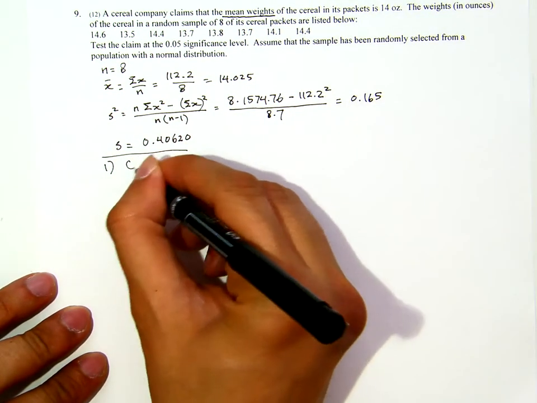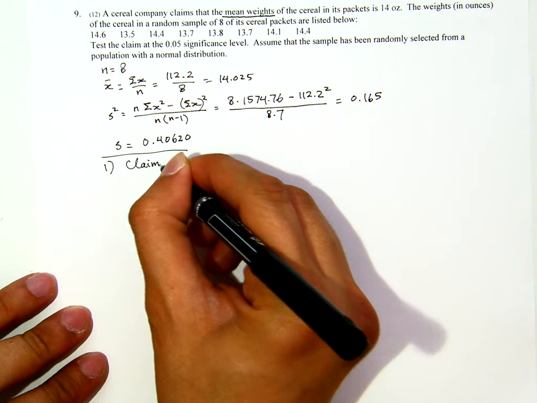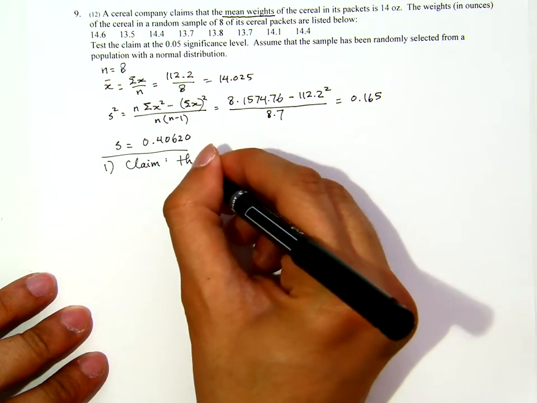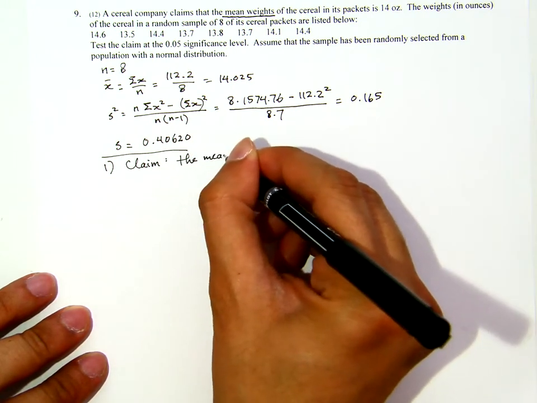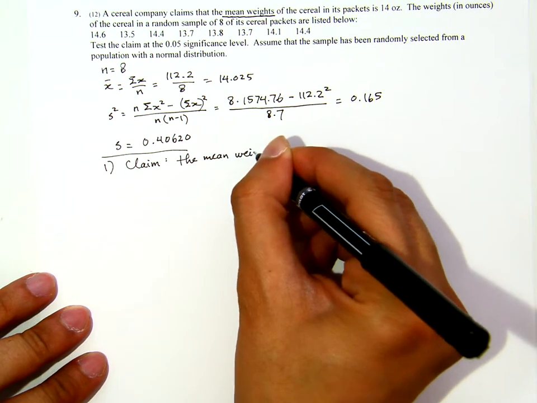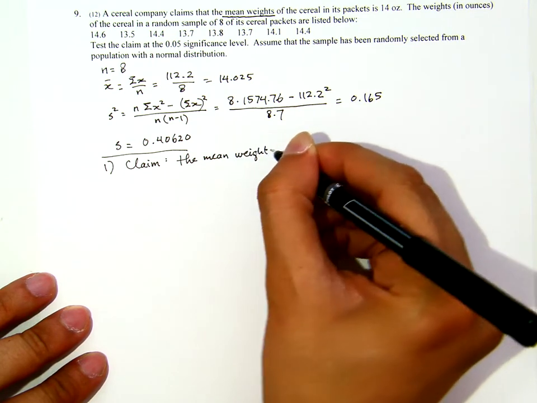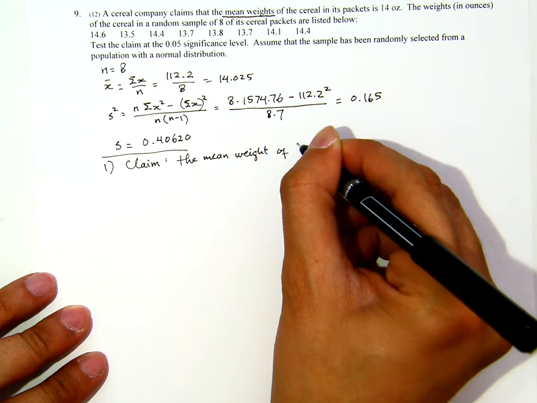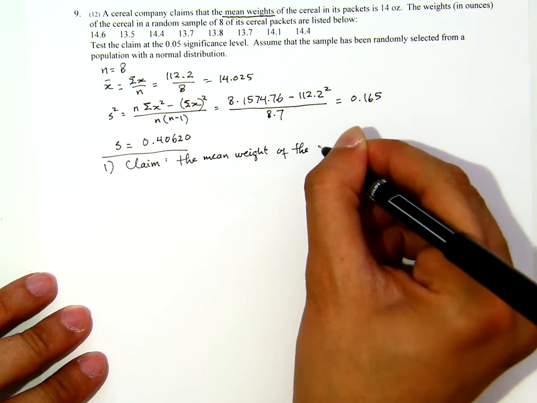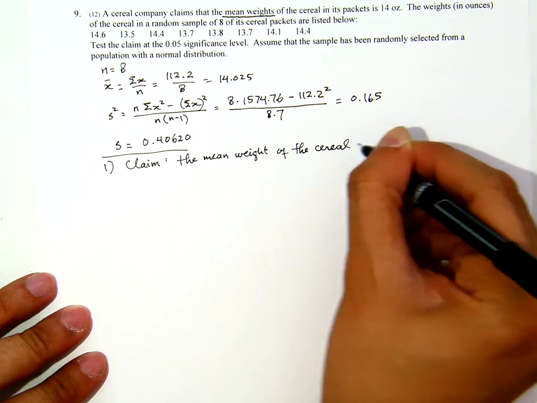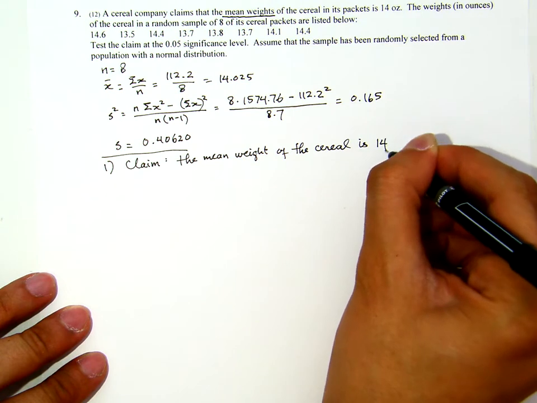Step 1, the claim that the mean weight of the cereal is 14 ounces.